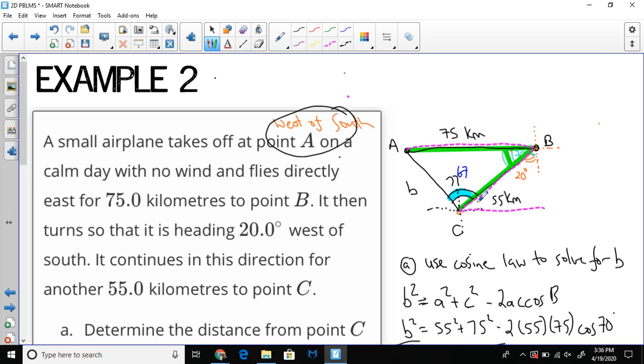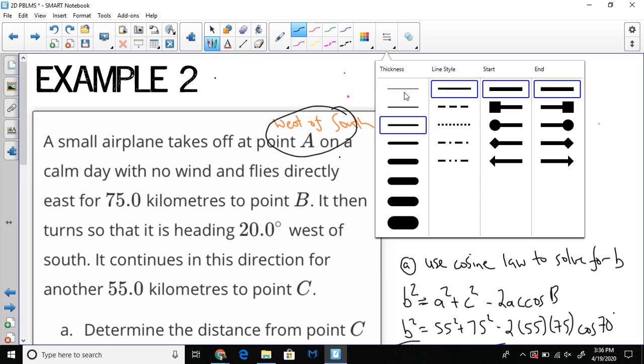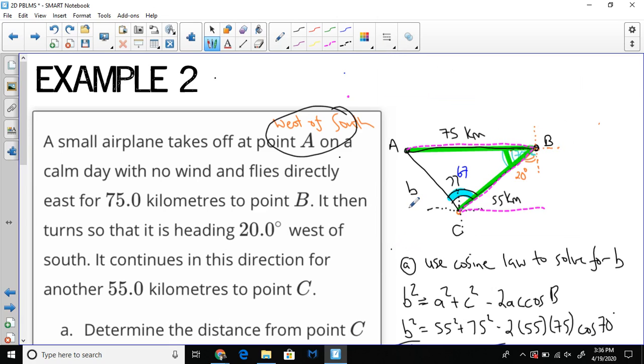So this angle down here is 70. Let me move this over here for now.